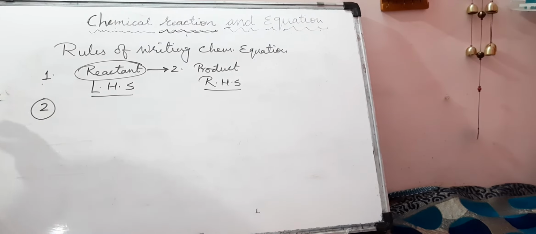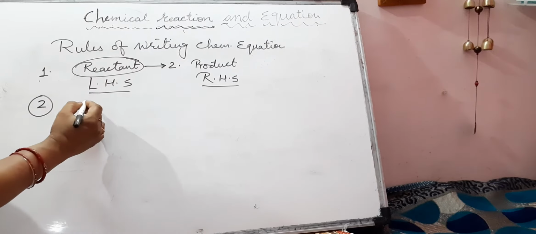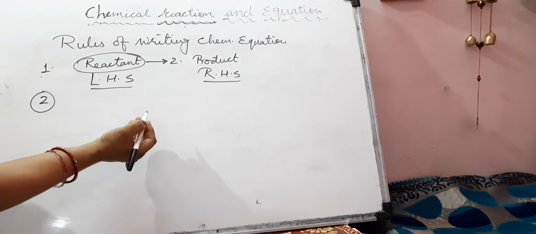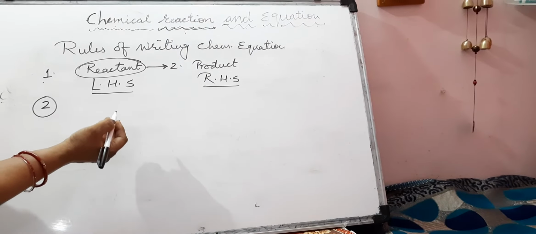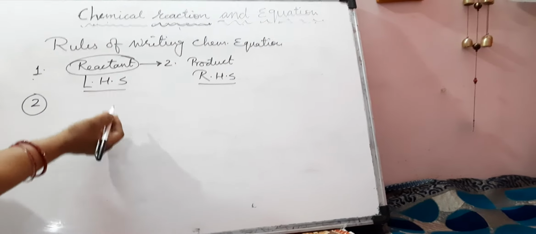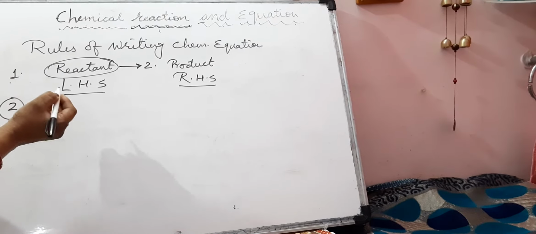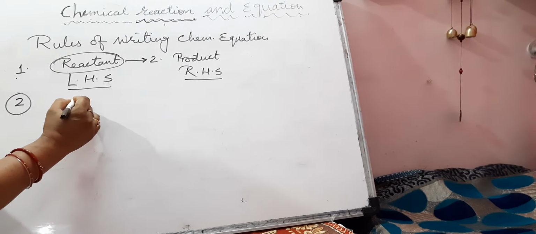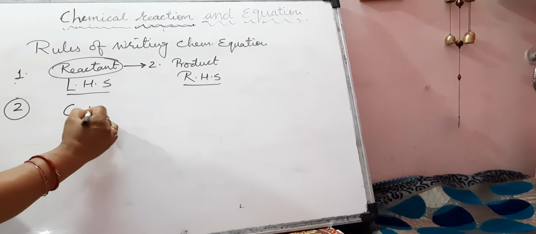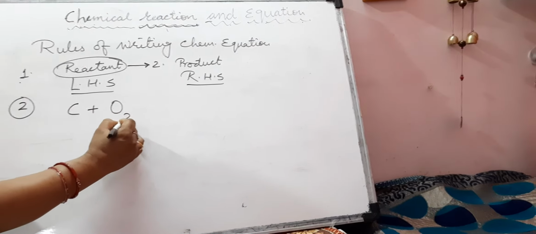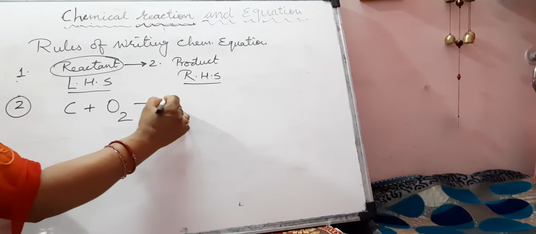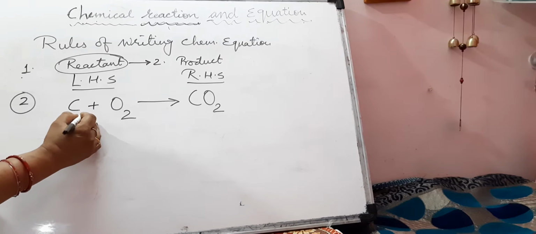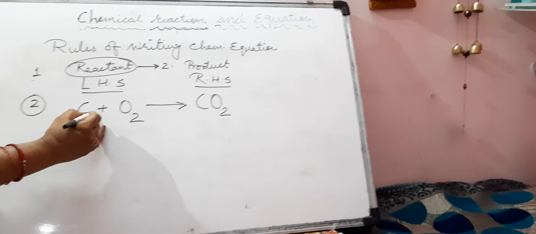Secondly, reactants, if having different states meaning solid, liquid and gas, that state is also mentioned in the small bracket. If I am taking an example that carbon when burnt in presence of oxygen to give carbon dioxide, here we have to mention the physical state also.